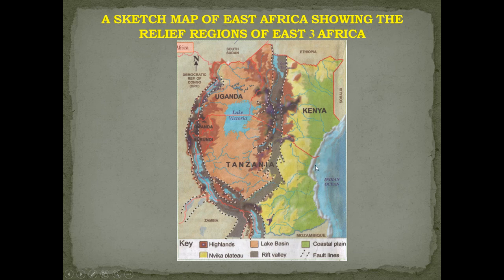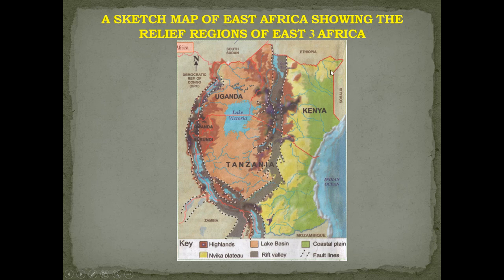From the coast, as you move into the interior, we come across the first relief region, which is the coastal plain, and it is covering the eastern part of Kenya. This region is broader but a little narrow in southern Kenya and northern Tanzania. Then it broadens into the western part of Tanzania.